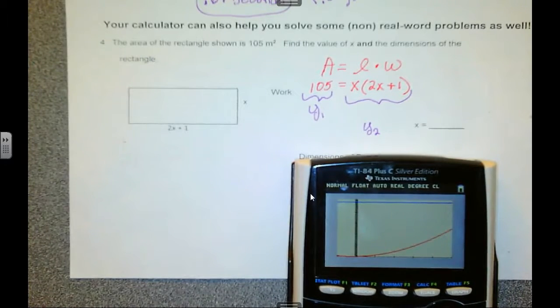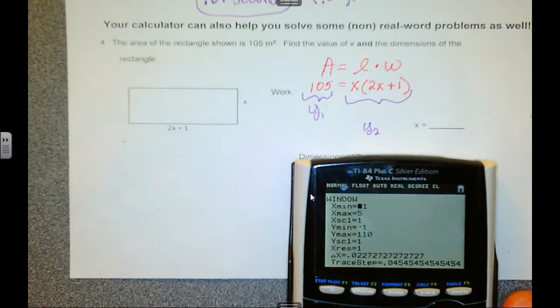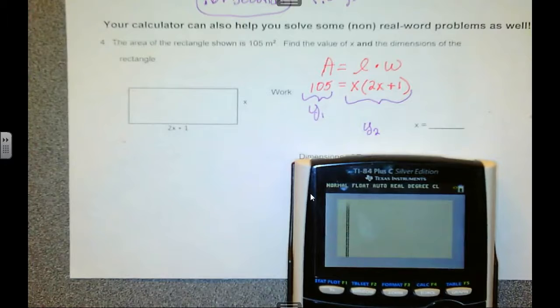I might increase it out here to 10. And we can pick up that intersection point. We did.